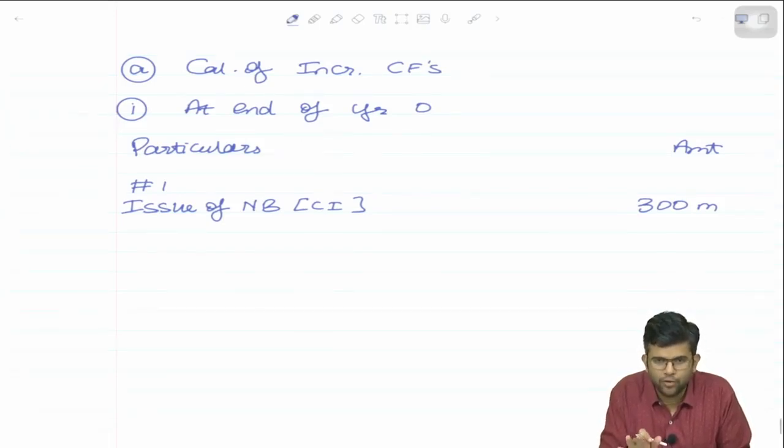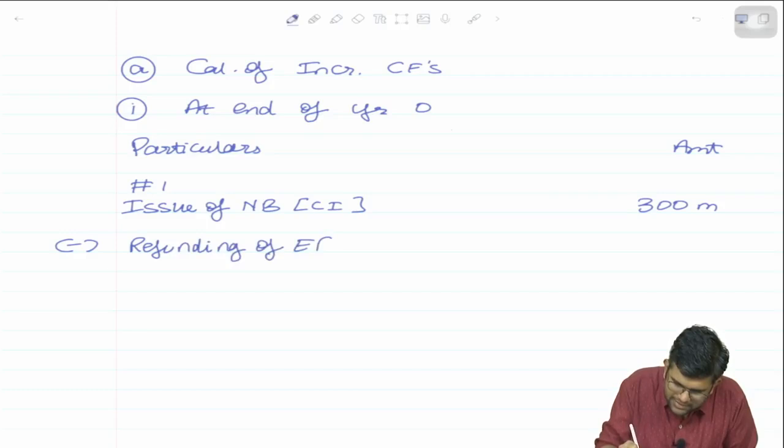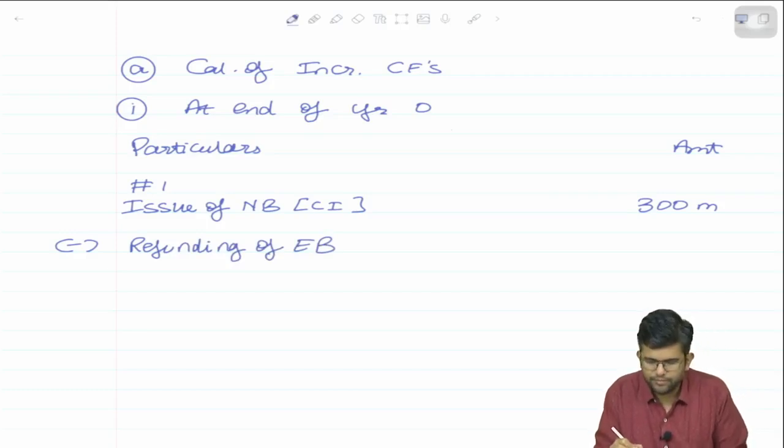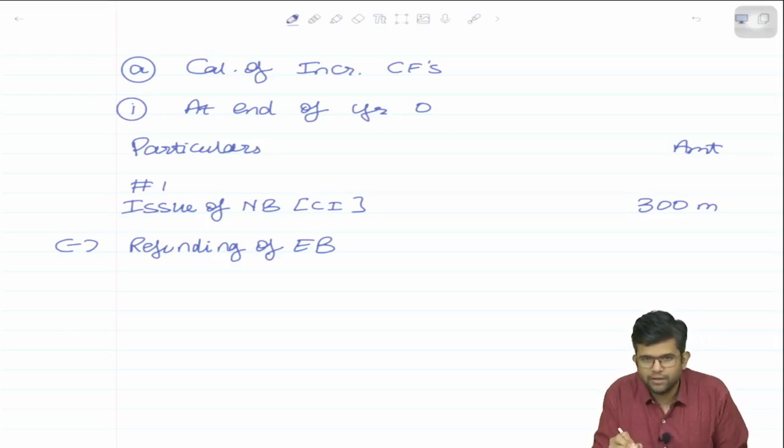Issue of new bond 300 million. I will say minus refunding of existing bond. How much are you refunding? 300 million?